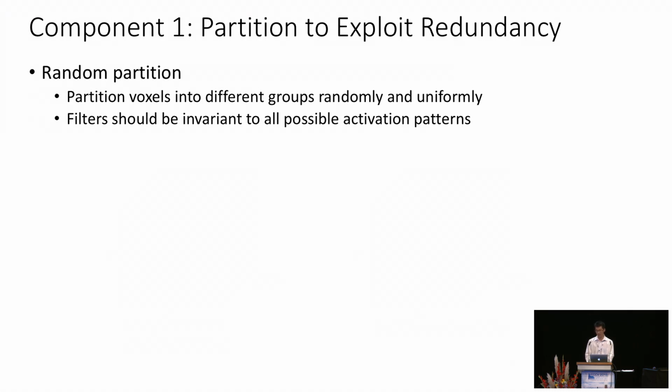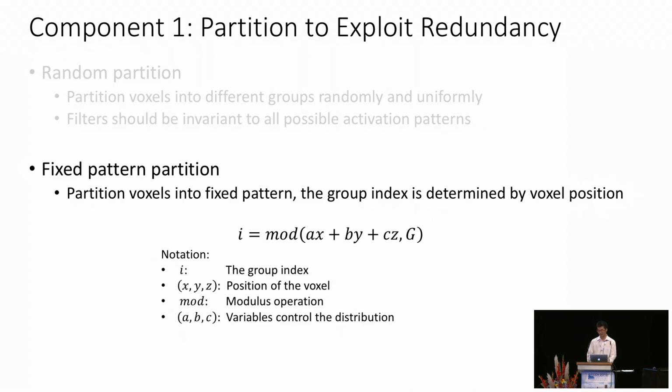Here we first introduce the partition strategy, which exploits redundancy of 3D data. We present two different partition methods. First, the random partition method. Voxels are partitioned into different groups randomly and uniformly. This partition method expects convolutional features to be invariant to all possible activation patterns, which may be hard for CNN to learn.